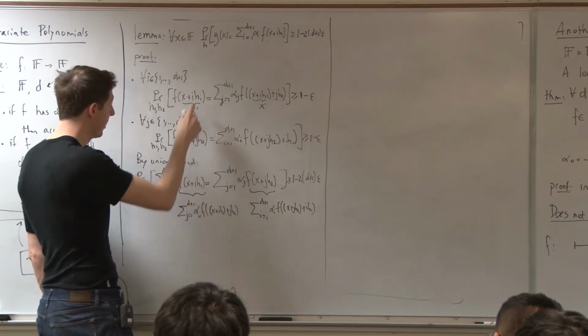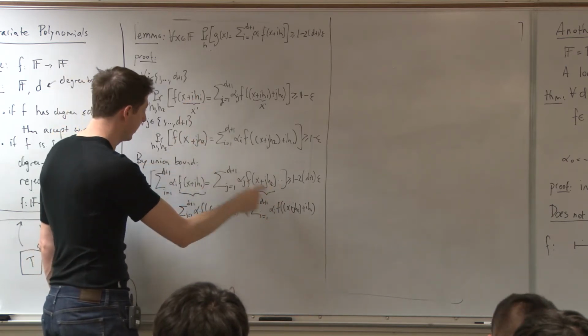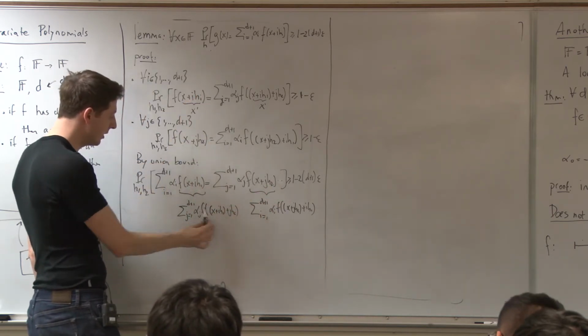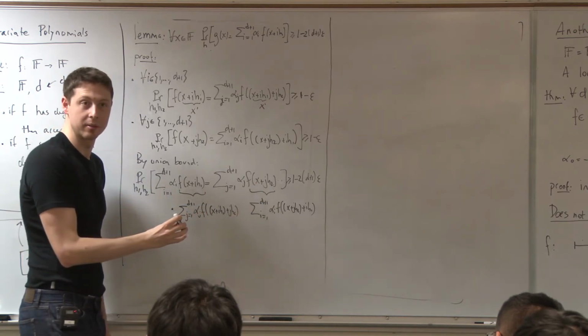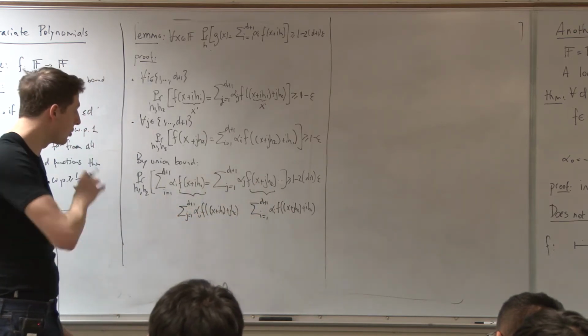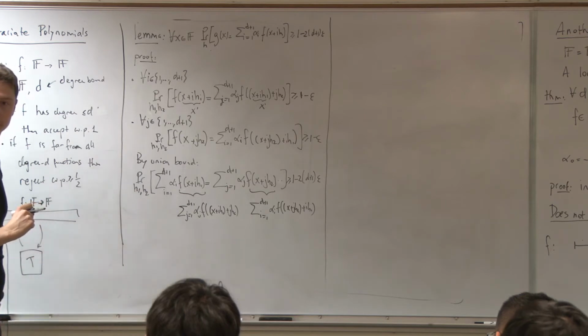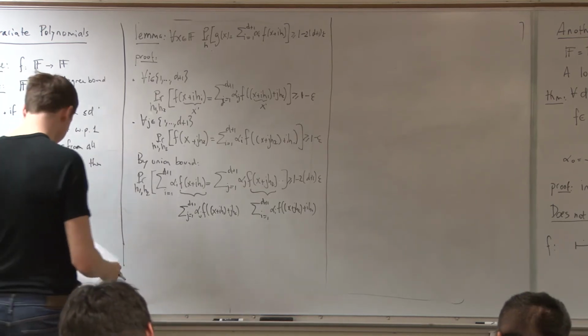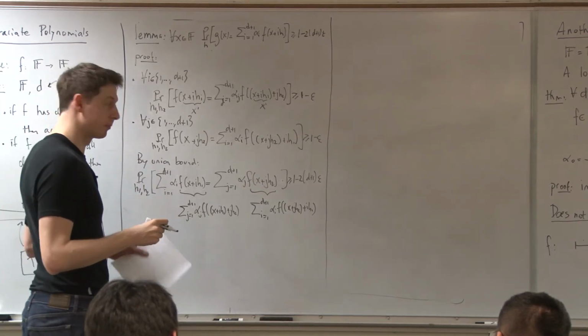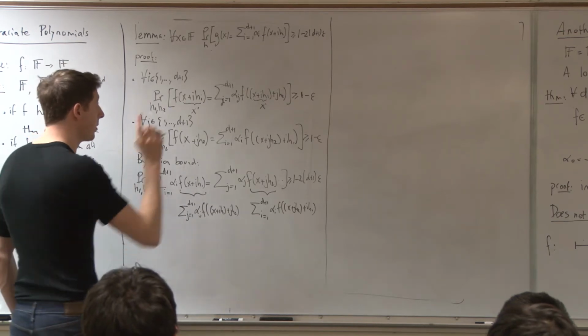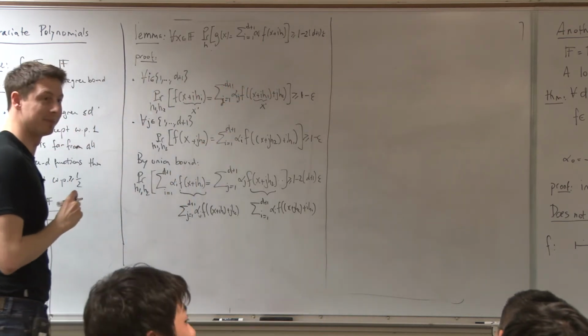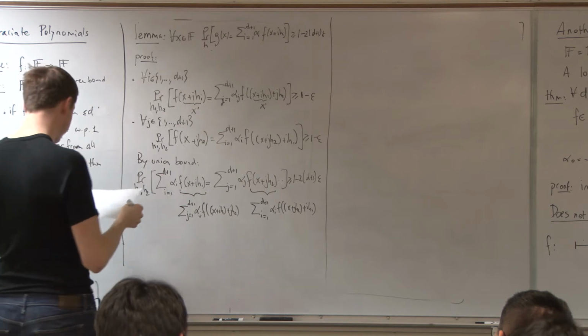Notice that these two things are now the same. Again, just a collision argument. Then we pay 2(d plus 1) epsilon total.